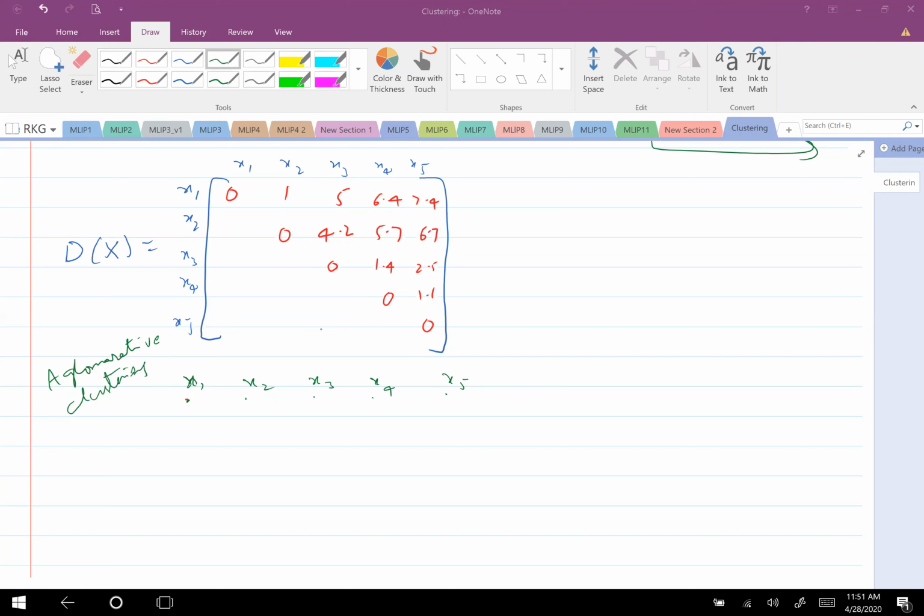Sai Pavan, can you tell quickly? Tell quickly, we don't have much time. X1 and X2, yeah, very good. So we'll start with x1 and x2. And then what next? The distance between x1 and x2 is smaller, that is 1.